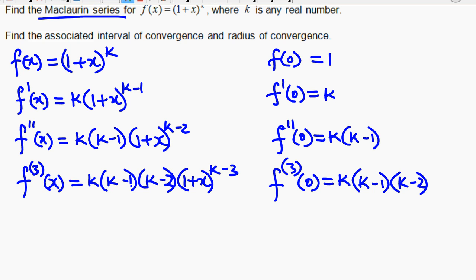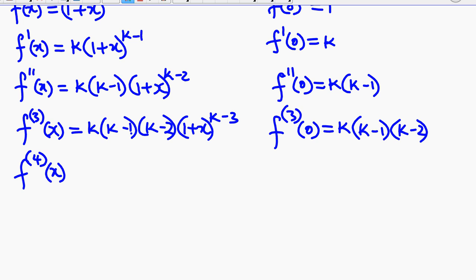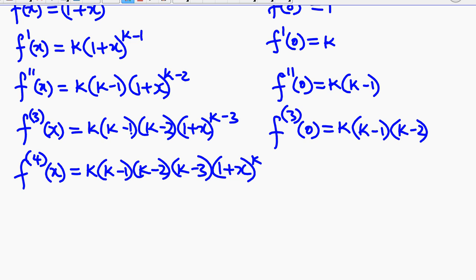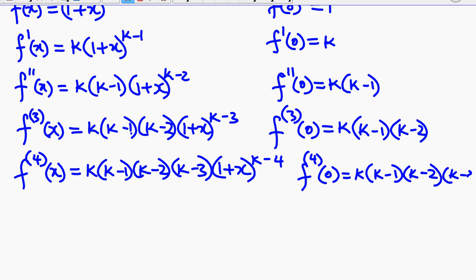The fourth derivative will be equal to k into k minus 1, k minus 2, k minus 3, and then 1 plus x to the power k minus 4, and the value of the fourth derivative at x equals 0 will be k into k minus 1, k minus 2, and k minus 3.